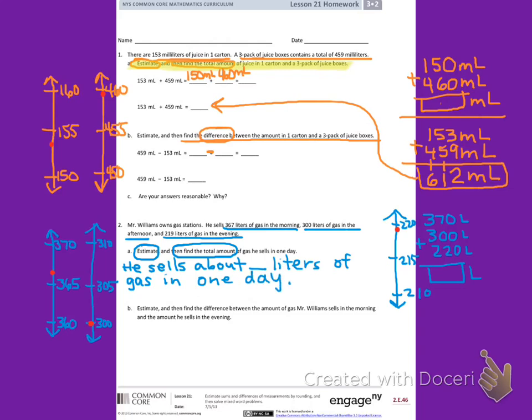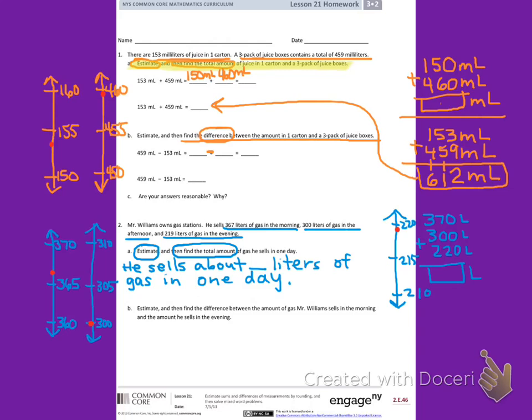Now it says to find the total amount of gas he sells in one day. Now you will use the exact numbers, just like we did above. So you use 367, 300, and 219.